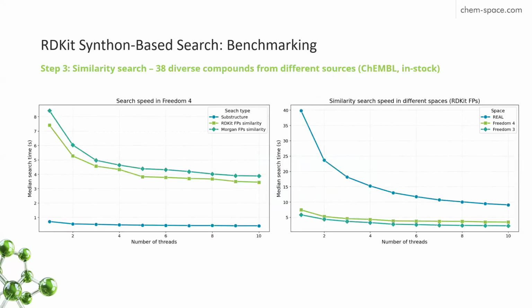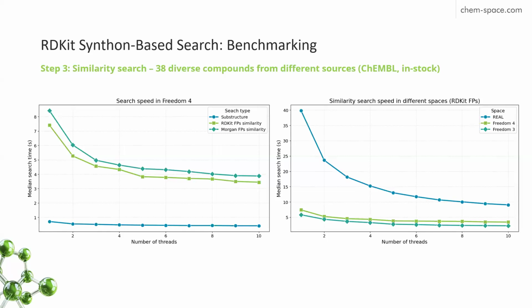If we move to similarity search, here we perform two additional tests with two kinds of fingerprints. You can see that the similarity search logically is slightly longer, though if we're looking at a single thread, it's somewhere around 7-8 seconds for Freedom Space, which is again a very reasonable time on an okay processor, it's not like a cluster or anything.